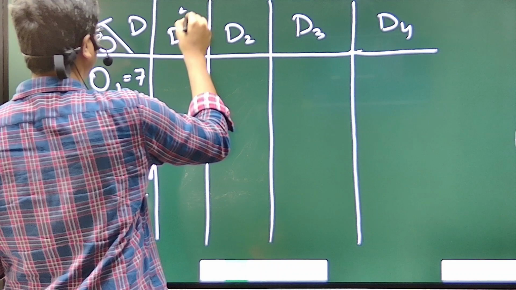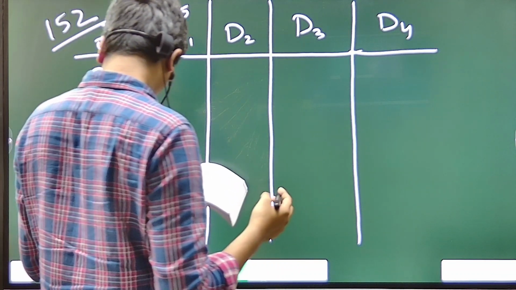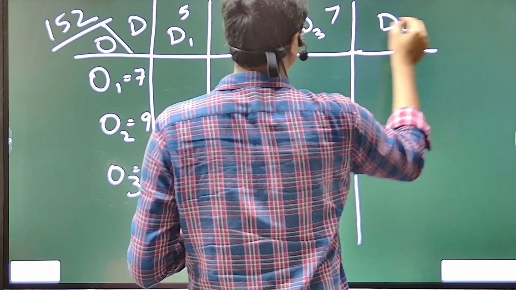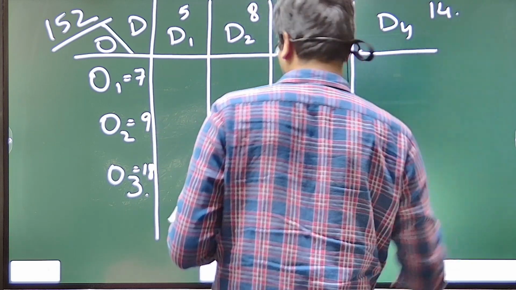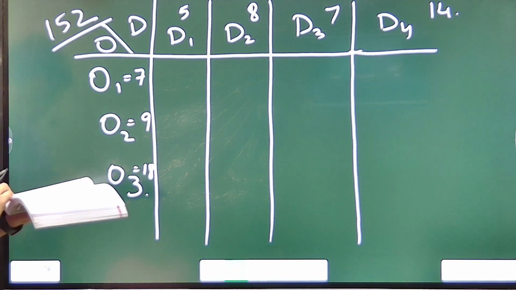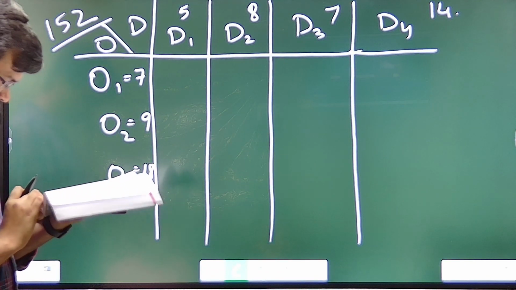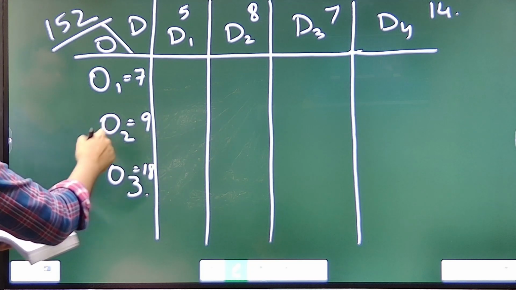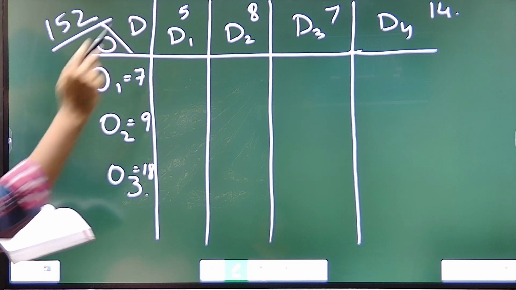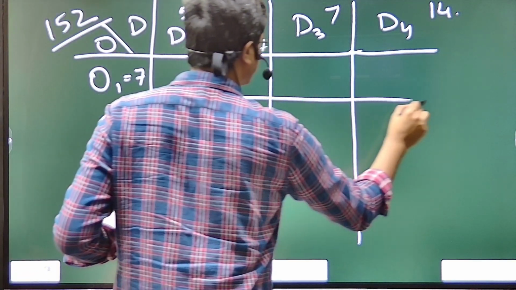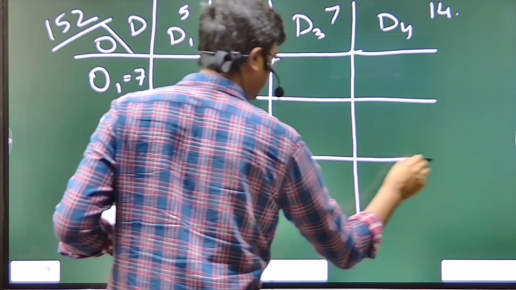These have 5, 8, 7 and 14. Now he has also given you the cost per unit from O1, O2, O3, so he has given you the cost from your sources to the destinations. So how do you write this? I will tell you.